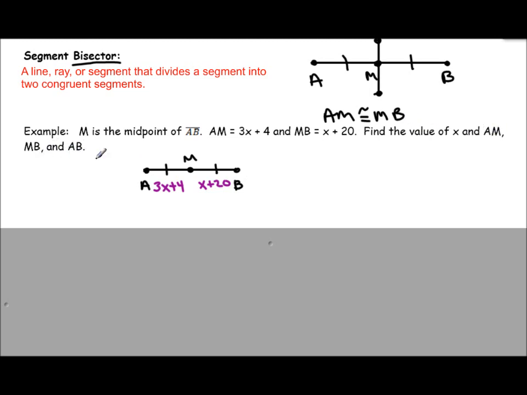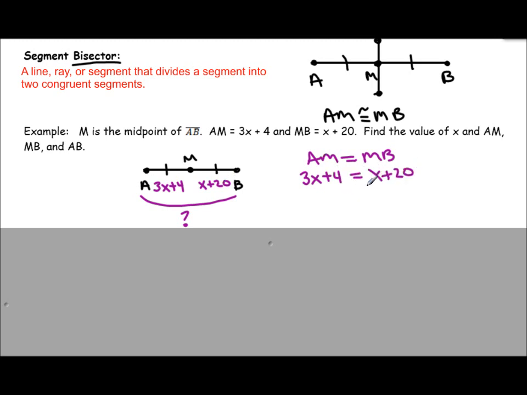Well, in this one, we can't use segment addition postulate because we don't have the whole thing. The only thing we know is that AM is equal to MB because M is the midpoint. So that's the concept I'm going to use to apply algebra to this equation. So AM is 3x plus 4 and MB is x plus 20.